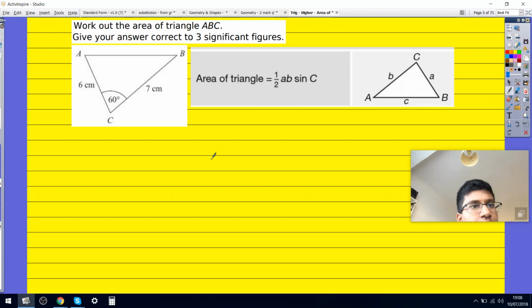If we want the area of the triangle, it's half AB sine C, and we sub in what we have.